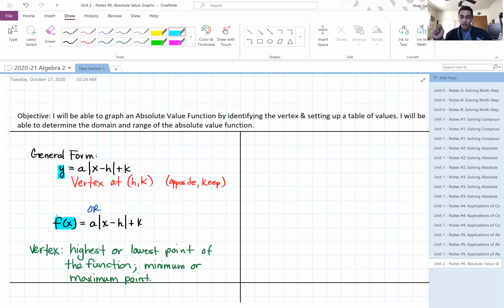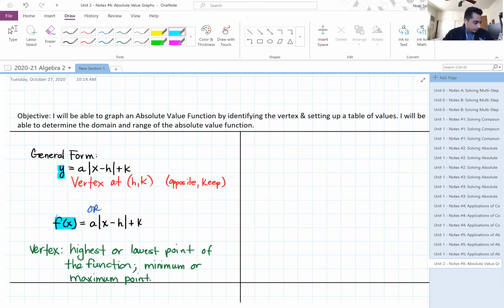So when you moved H, if you were adding a number, it was actually shifting to the left. If you were subtracting a number, then it shifted to the right. So then we have to think, okay, if I want that H value, it's actually the opposite. And for K, we keep it because that one was moving in the direction that it should have. If you add a number, it shifts up. If you subtract a number, it shifts down.